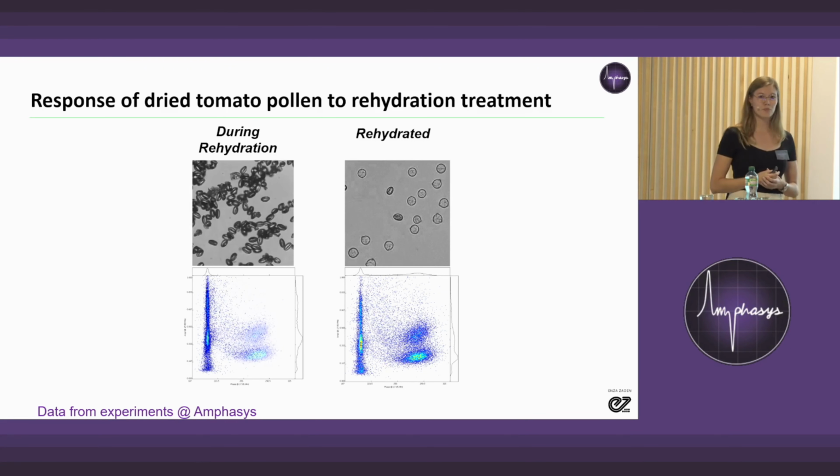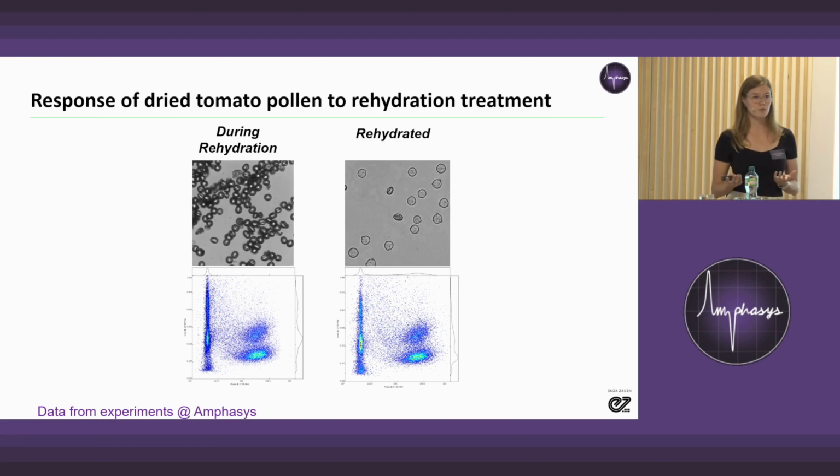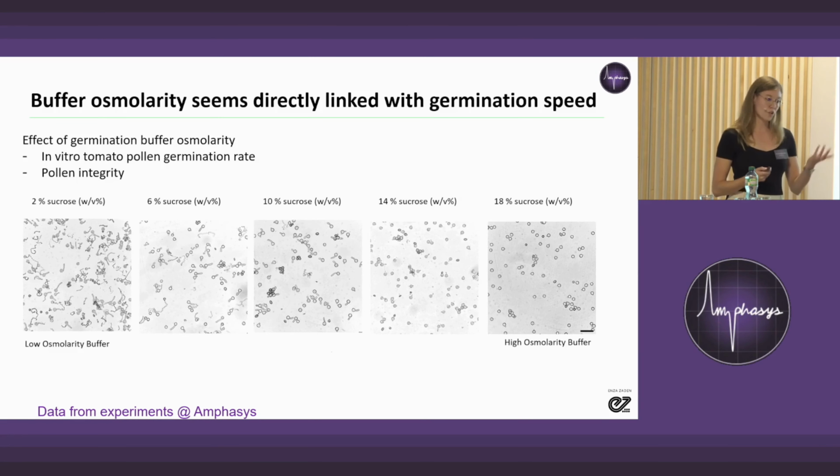And when you put them in a high humidity environment or in a liquid, they will start rehydrating, as you can see in the little movie here. Eventually resulting in the rehydrated batch that you see on the other side. Obviously, it makes sense that we need a good rehydration before we can check our pollen quality. That was the main message there.